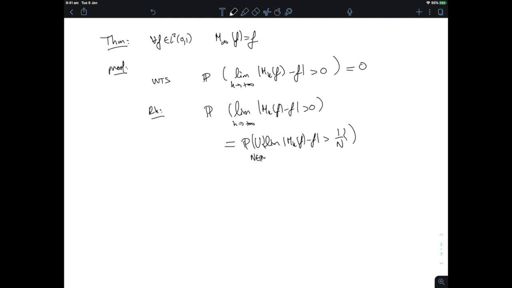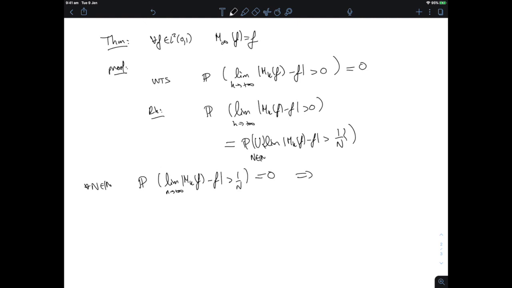Right, so if you're greater than 0, you're greater than some 1 upon n for n an actual number. And now the point is that I'm taking a union of sets that is countable. It's a countable union. So if I show that the probability of the limit of M_k f minus f being greater than 1 upon n is 0 for all n, then I'm going to have a countable union of sets of probability 0. This has probability 0.